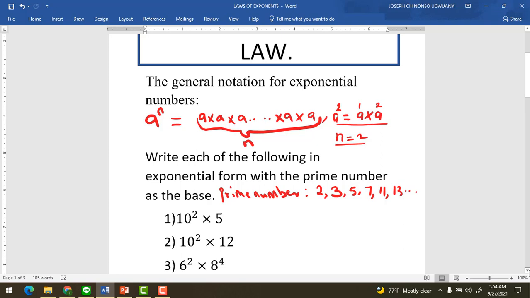So these are called prime numbers. They can only be divided by 1 and itself.